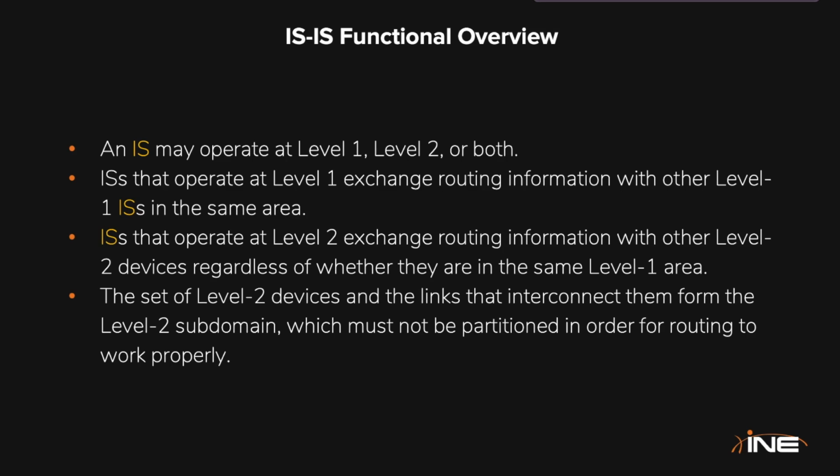The set of level 2 devices and the links that interconnect them form a level 2 subdomain, which must not be partitioned in order for routing to work properly. Like I said before, that contiguous set of level 2 routers are called backbone routers.